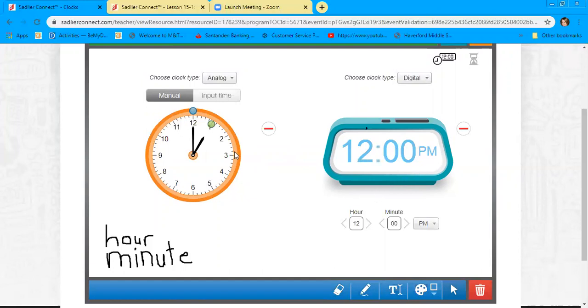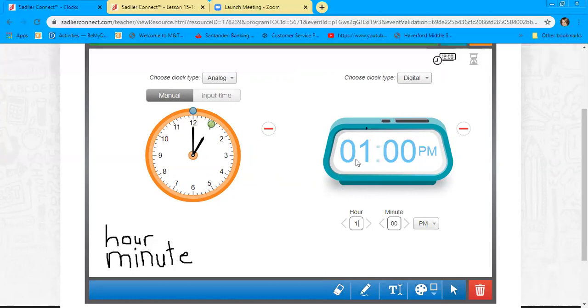So right now, I want to make this clock show the same time as over here, because this right now is telling me it's 12 o'clock, but this analog clock is showing 1 o'clock. So to change the time, I just put a 1 in front of the 2 dots. This is the hour of 1. 12 o'clock, 1 o'clock. Where the minute hand is at the 12 shows me that there are 0 minutes.